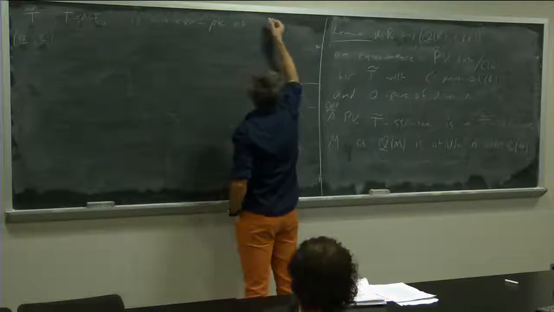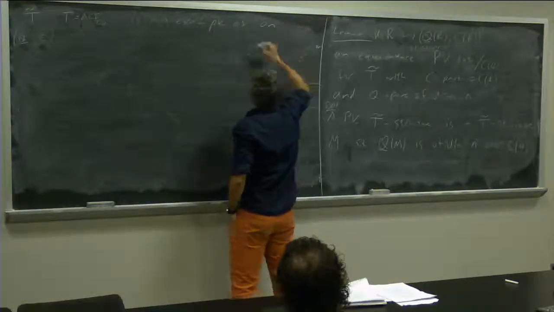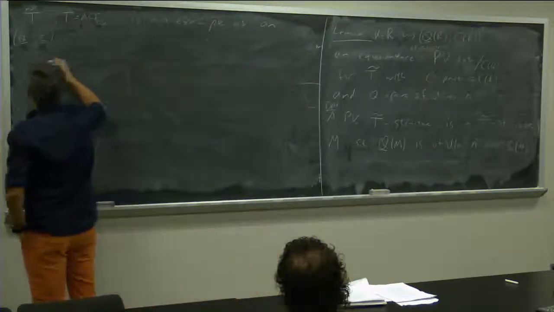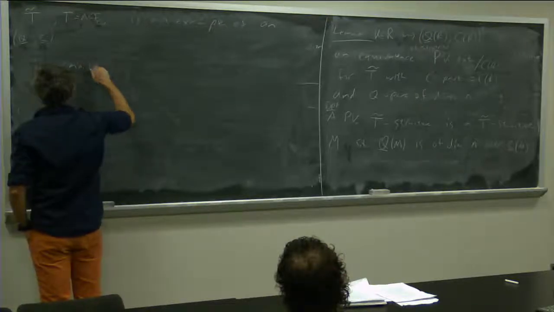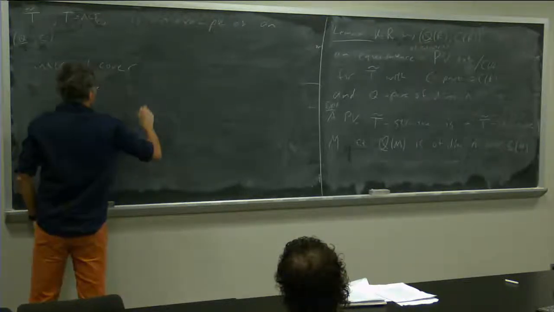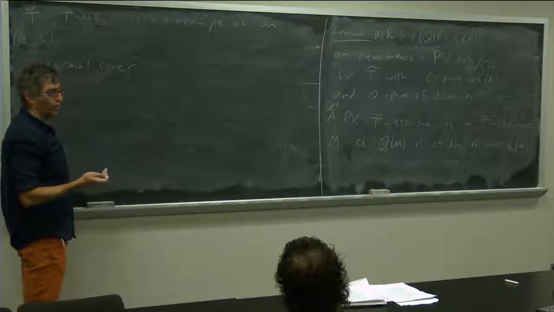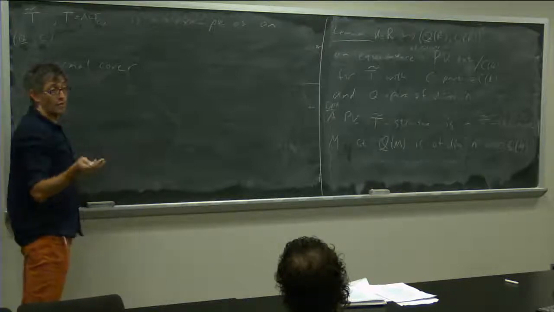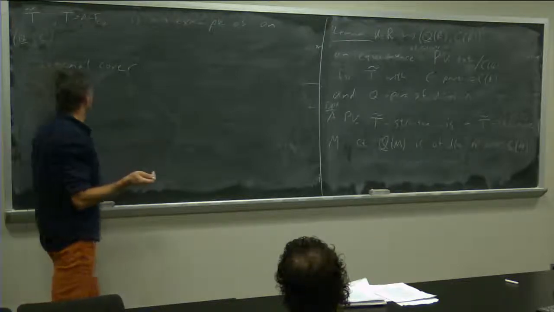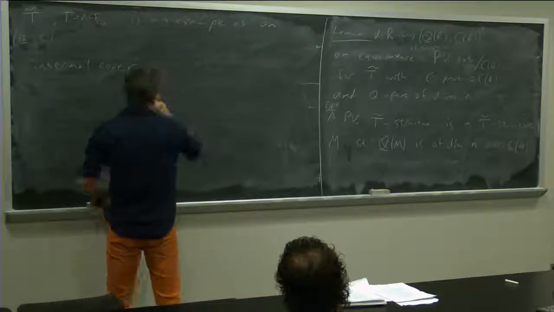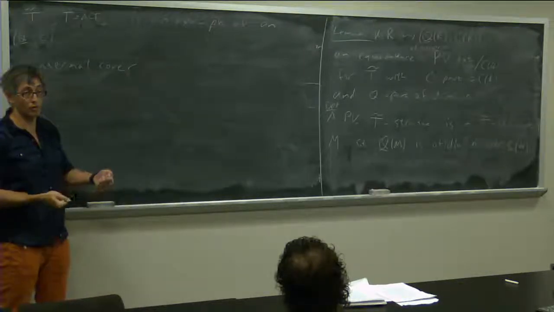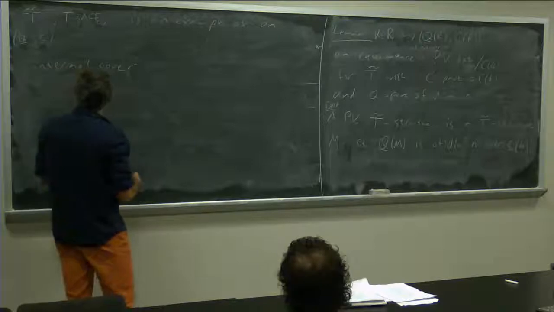This thing is an example of what we call an internal cover, which I don't want to define now, but it's a completely abstract definition in model theory. It's just some relation between two theories.